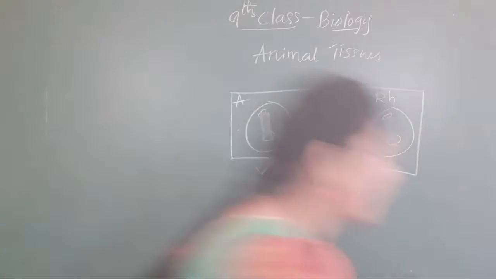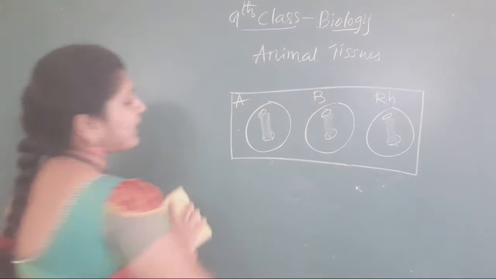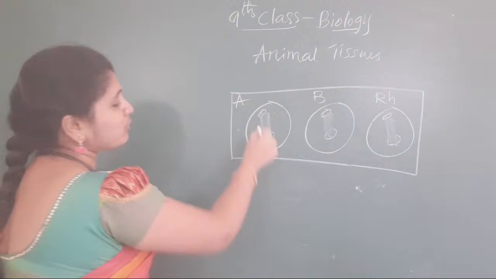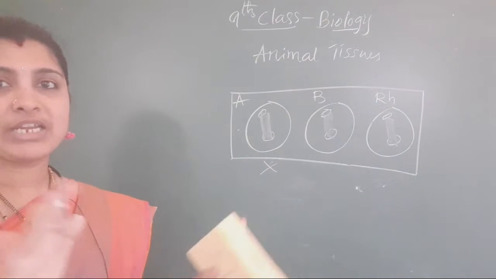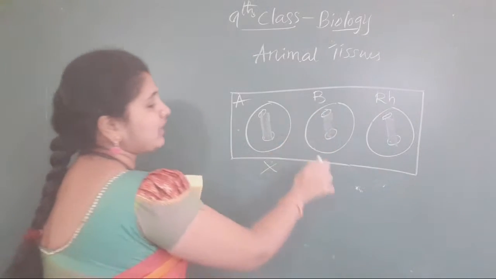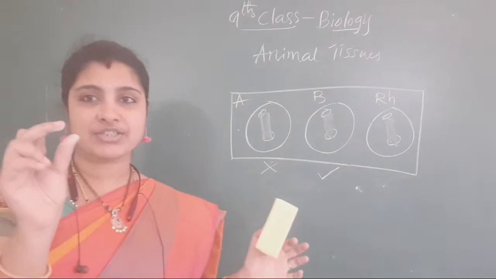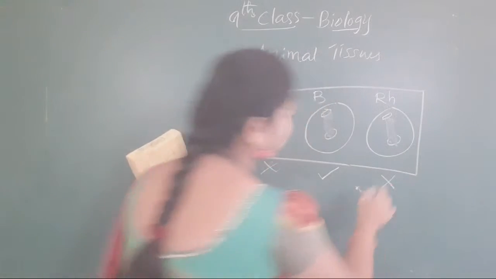And next, how will you determine B? While mixing, you have not seen any clumps in A. Clear solution, same liquid-like. But in the B circle you have noticed clumps, like a curd-like structure forming. And in the RH you have not noticed anything.